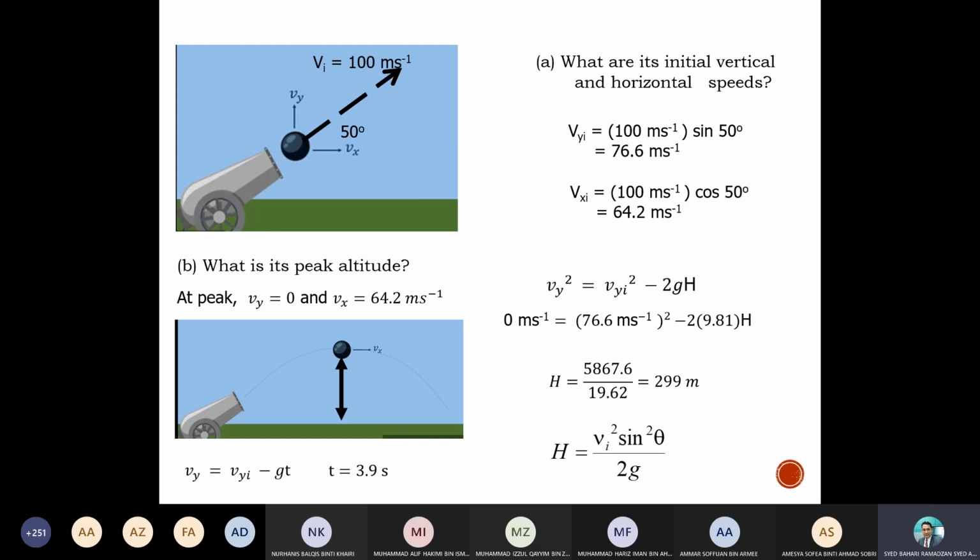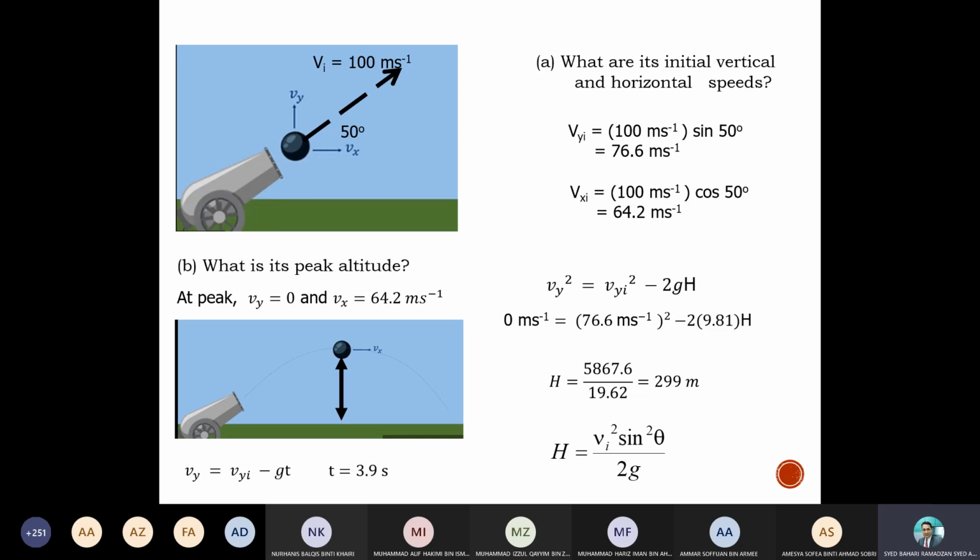And then it increases again, but in a different direction, as we saw in the figure. So we have Vy equal to 0, and Vx is constant. We already know it's 64.2. So at any point x, either here or here or here, it will get the same value for x because it's constant. And from this we can use these equations.